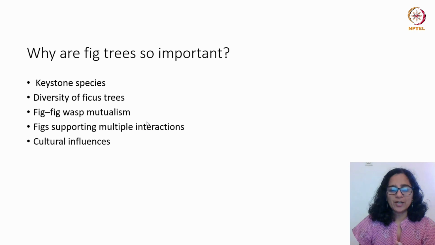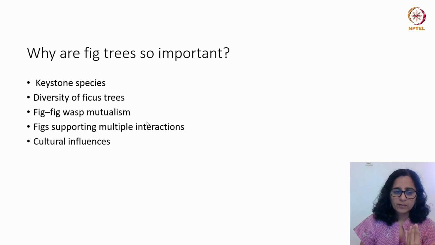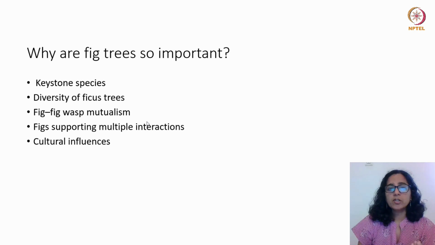We already talked about diversity of fig trees in the world as well as in India. Fig trees are also important to study to understand fig and fig-wasp mutualism. Mutualism is where both parties benefit; both fig as well as wasp benefit from this interaction, and we'll talk about this in detail.